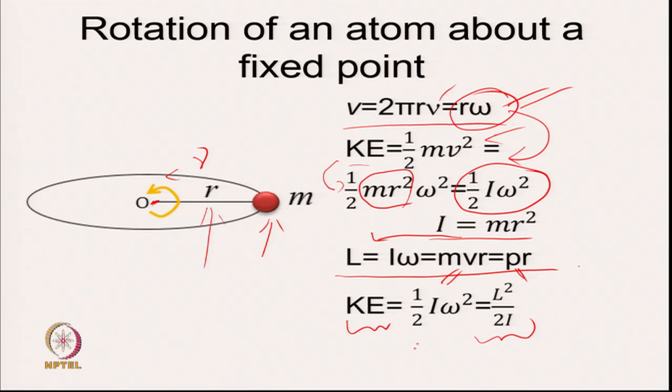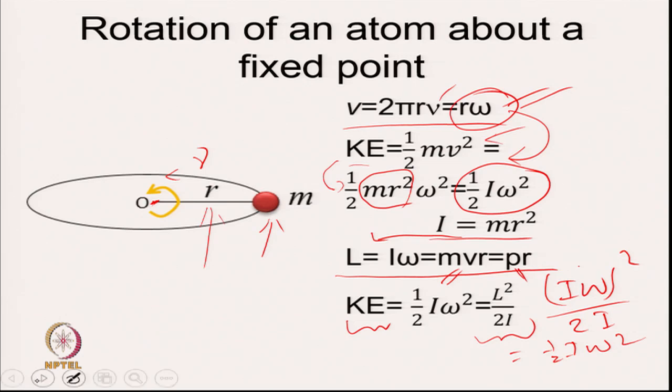We know that kinetic energy is half I omega square. So, this will be equal to L square by 2 I. We know that L is I omega, so if you square this and divide by 2 I, you get half I omega square. So, this is about the kinetic energy and angular momentum of an atom rotating about a fixed point.